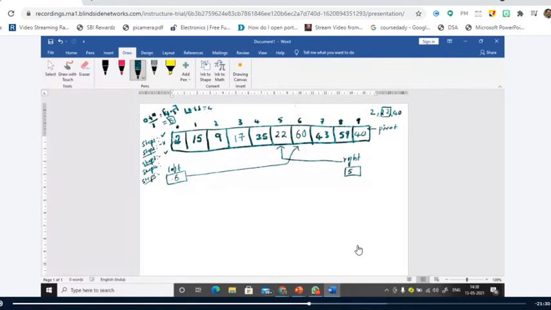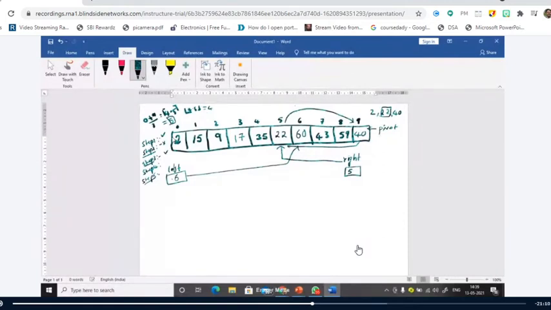Why? Because see here. If I swap the pivot element with the right pointer, let us see. You move 22 here and you move 40 here.